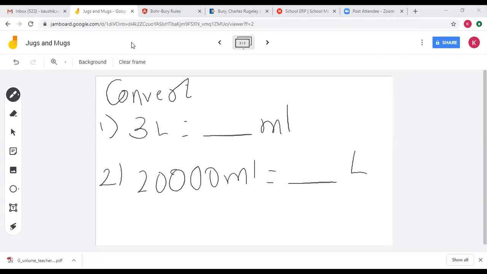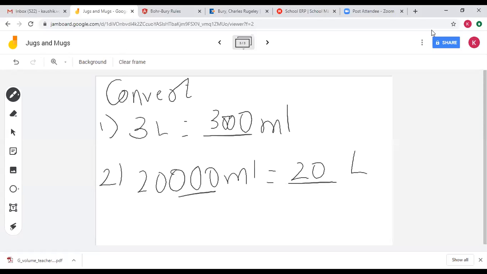Nirva, we will take questions later on. Multiplication and division by 1000. Very good. Correct answer for the first one. Yes, 3 liter is 3000 ml, and for the second, these 3 zeros will be removed, so 20 liters.